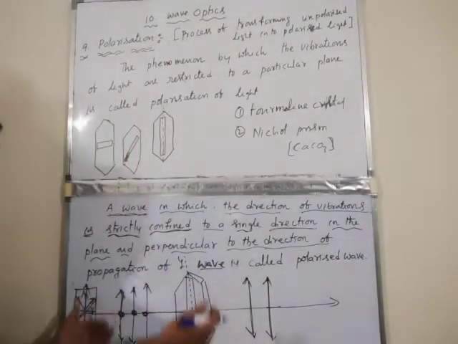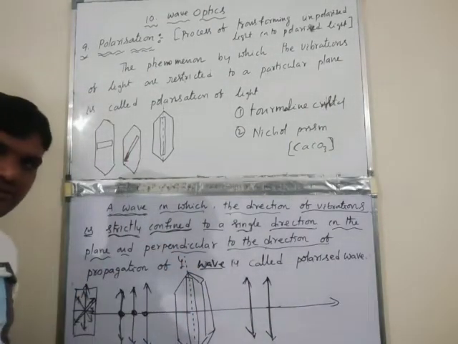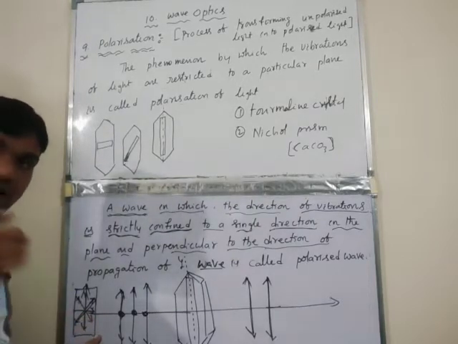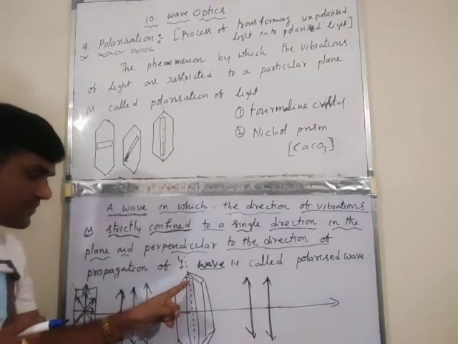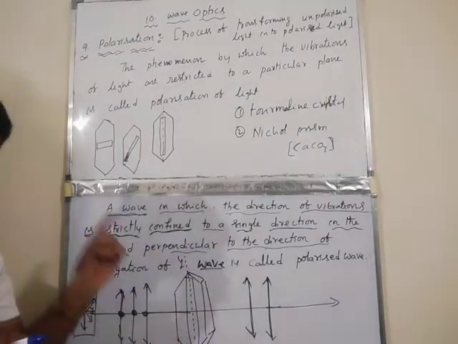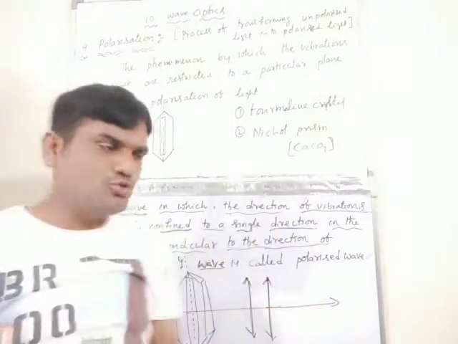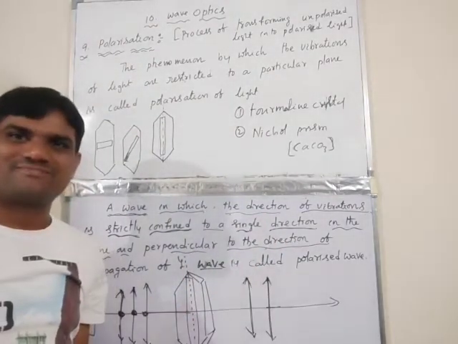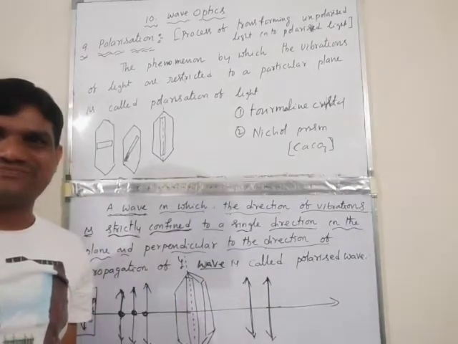If I rotate along the axis, what happens? The rays which are parallel to this slit, only those rays will come.